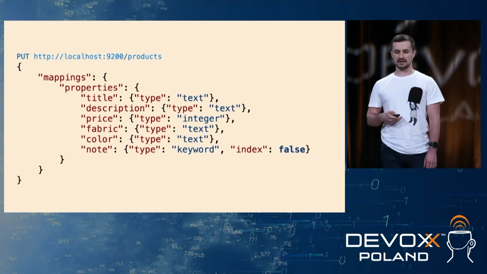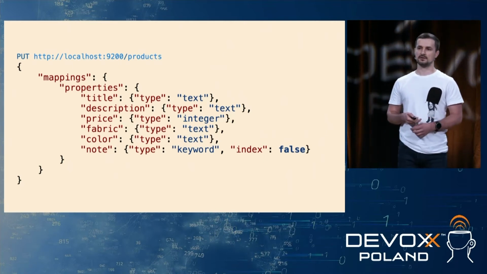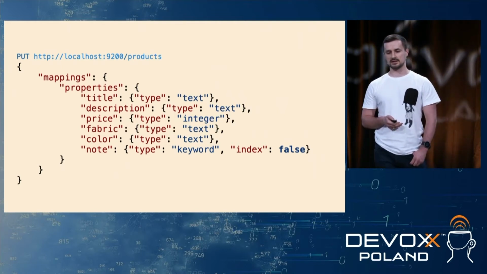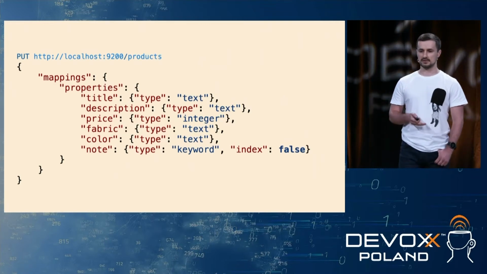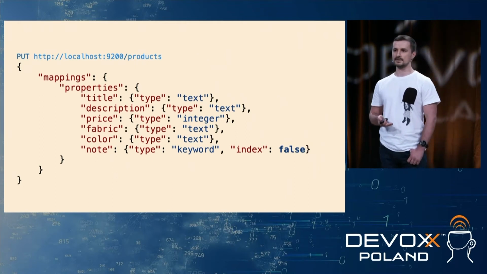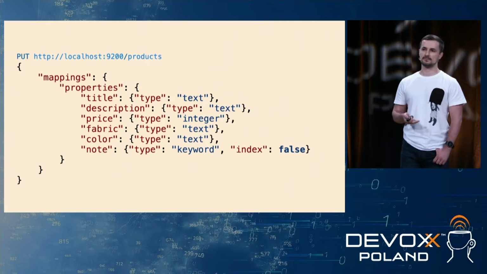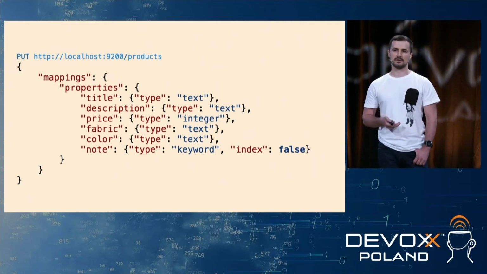So in our case, the index will look like this. I used a full URL here just so you can see that I'm using the local instance with port 9200, the default port for Elasticsearch. You can actually use Elasticsearch as a service if you don't want to maintain it yourself. They offer such a system, or you can just subscribe to it.